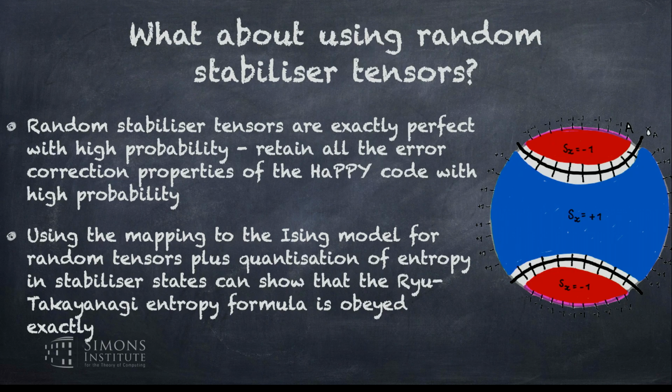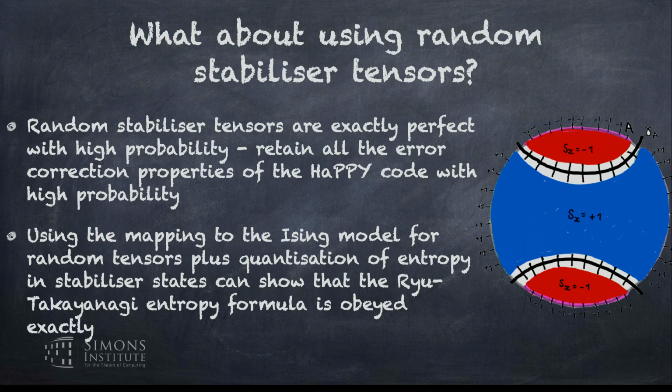And again, many of the techniques from the random tensor network paper do apply to this model as well, because many of them only use second-order moments of the tensors in order to get their results.